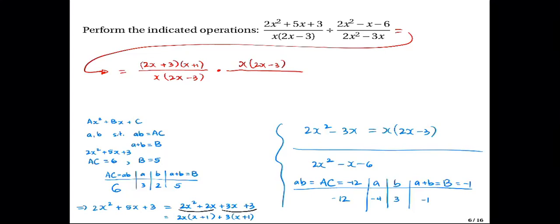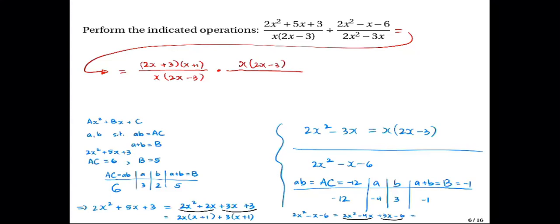Which means that we can now rewrite 2x squared minus x minus 6 as 2x squared minus 4x plus 3x minus 6. We group this together and also this together.